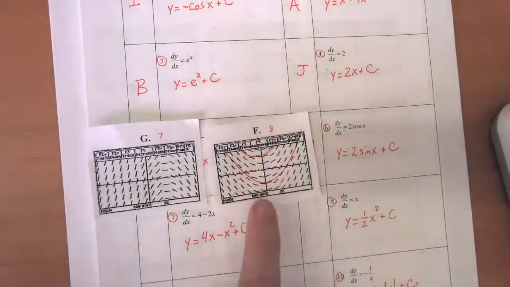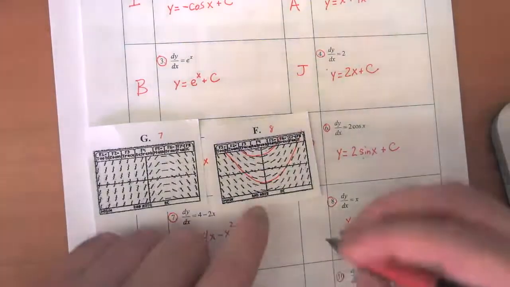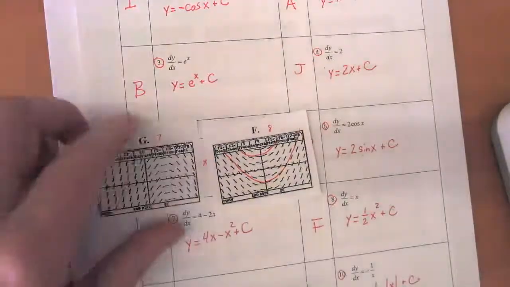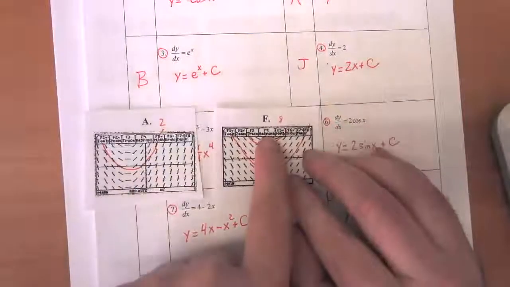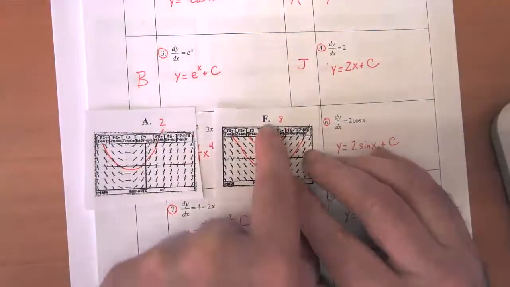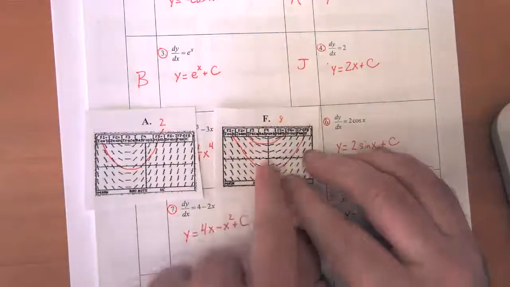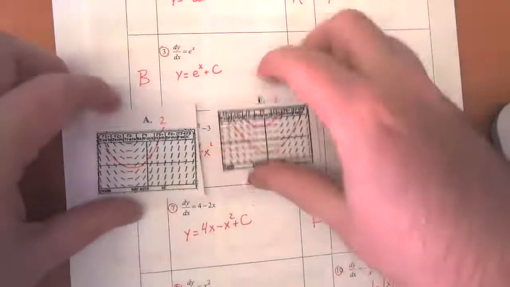We can see that this is generating upward facing parabolas, and since the coefficient of the x squared term is positive, this is going to generate positive terms. But you can see the difference between the two of them, that this is going to be 1/2 x squared because the vertex of the parabola is going to be here on the y-axis, and here it's going to be over to the other side.